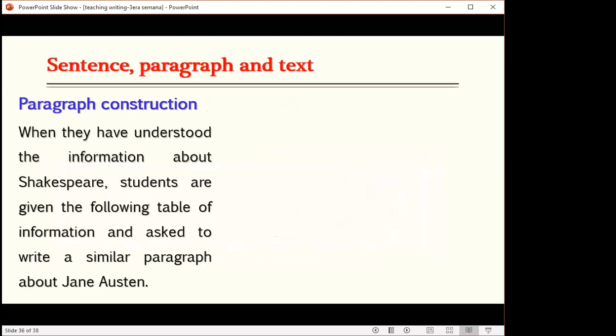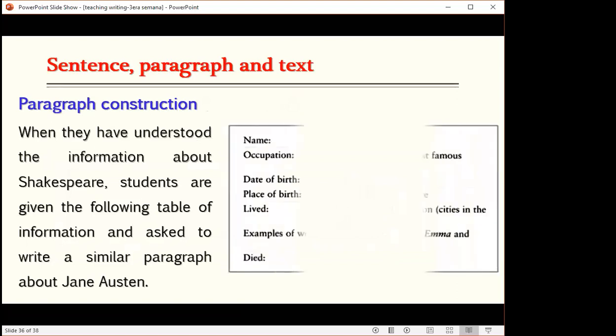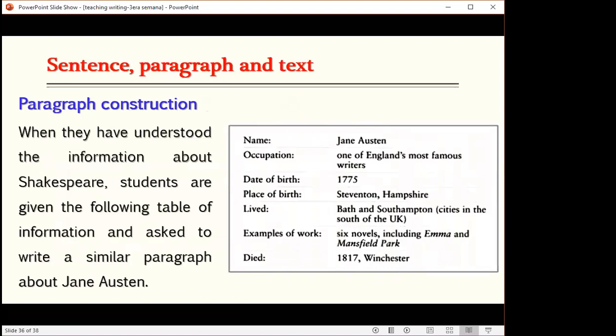Now, when they have understood the information about Shakespeare, students are given the following table of information and asked to write a similar paragraph about Jane Austen. So you give the model, and now they are going to use the information in the table, and they are going to write a short biography. If you notice, you are making your students write a biography, but you are using this paragraph construction.